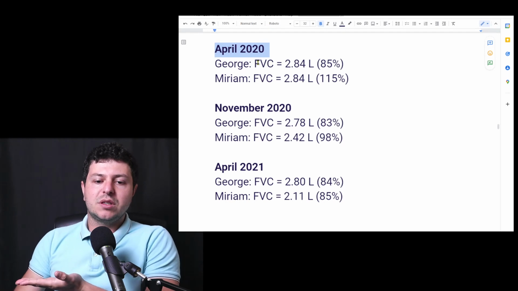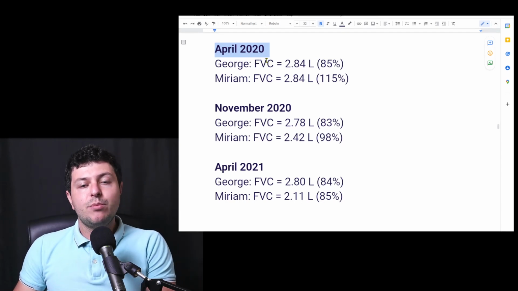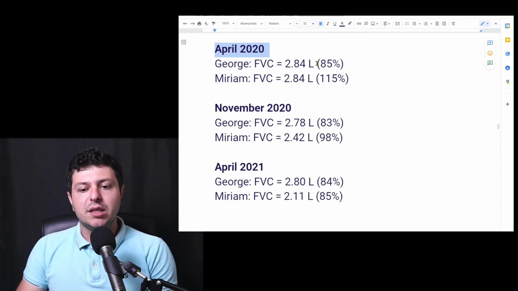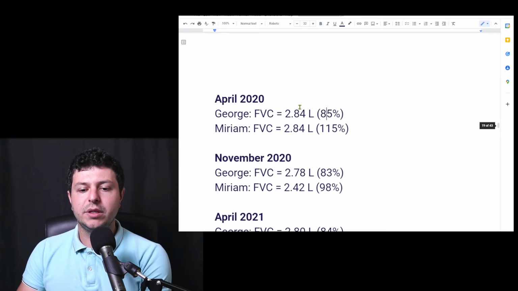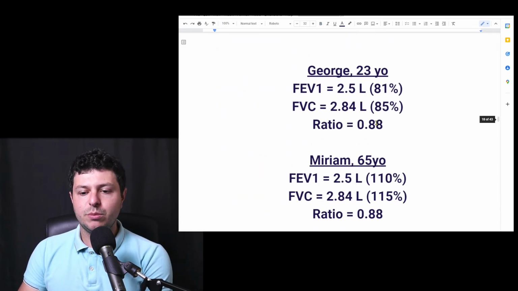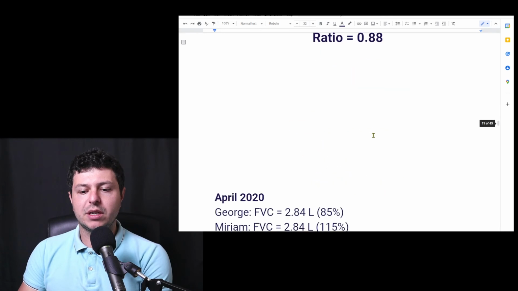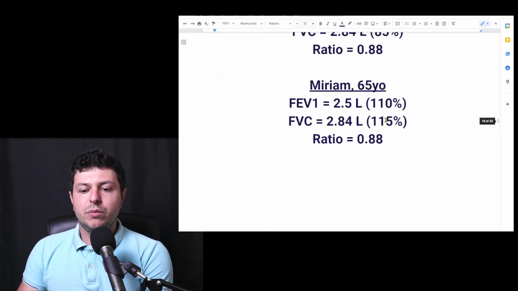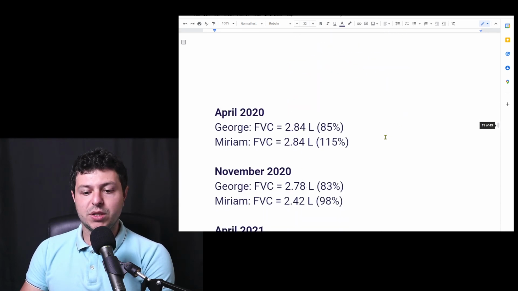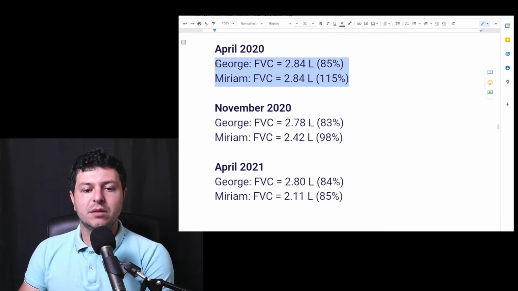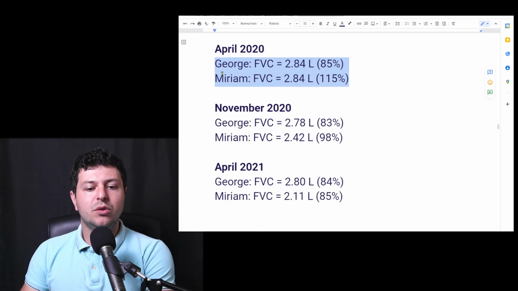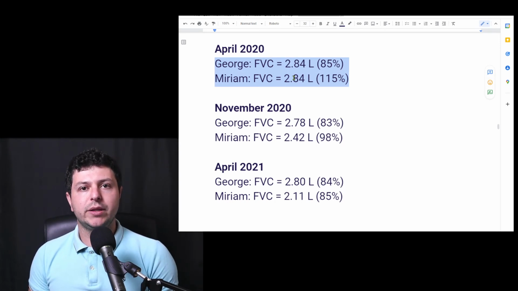This is the forced vital capacity. Now, in April 2020, for George, this is 2.84. For him, this is 85%. So I'm just using basically these values. They start off from there. Miriam is the same. She starts off at 2.84, but for her, it's 115%. So this is where we start. And we're thinking, okay, at this stage, maybe Miriam is doing better.